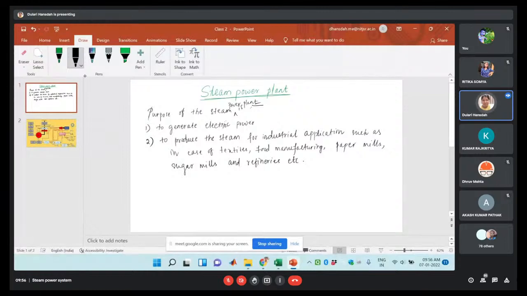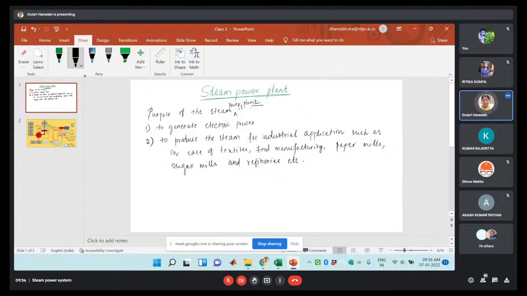This steam power plant is also used in industrial applications to generate steam, and that low pressure, low temperature steam can be utilized in textiles, for pressing and dyeing of the clothes.